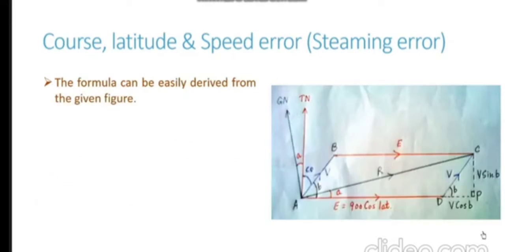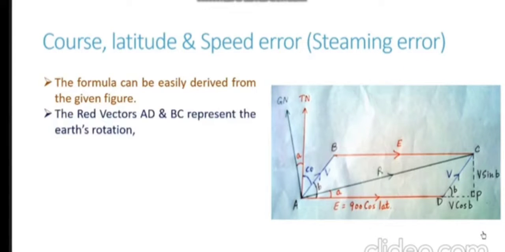Try to understand the derivation of this formula, how this formula has been derived, and it will also give us a better insight into the course latitude speed error or the steaming error. We can easily understand it using a diagram. You see the diagram on the screen now.